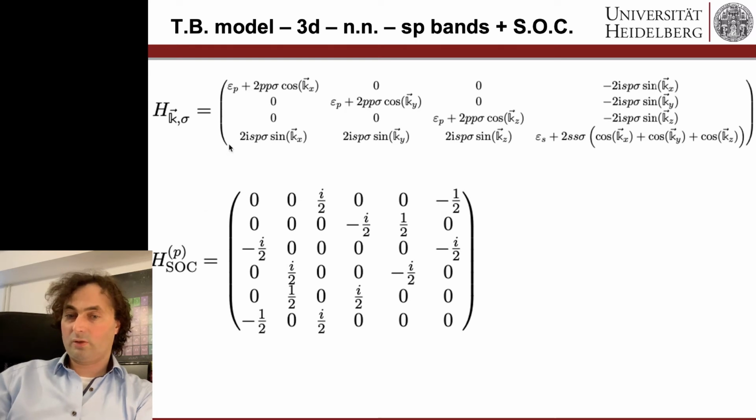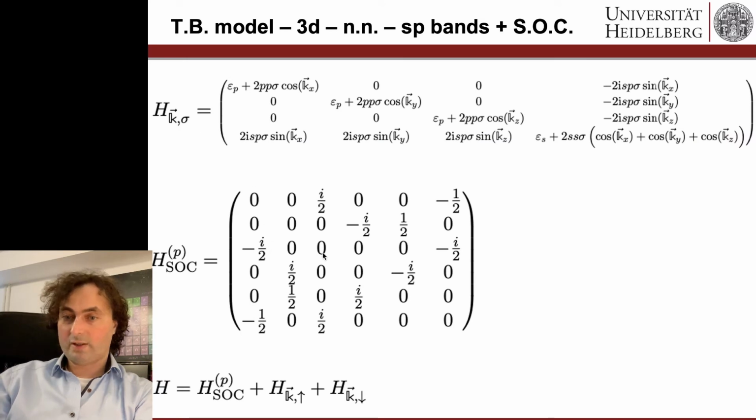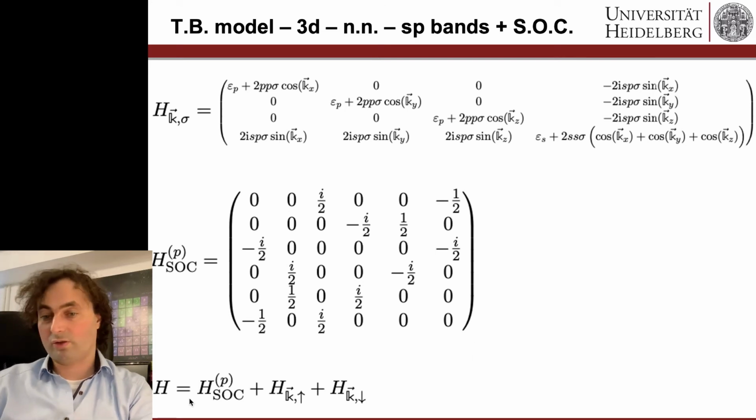And then in addition to this Hamiltonian, we have our two orbitals for the s and the states with spin up. The s interacts with sin kx, sin ky, sin kz, with the state with spin up for the p, and the same for spin down interacting with the spin down of the s orbital.